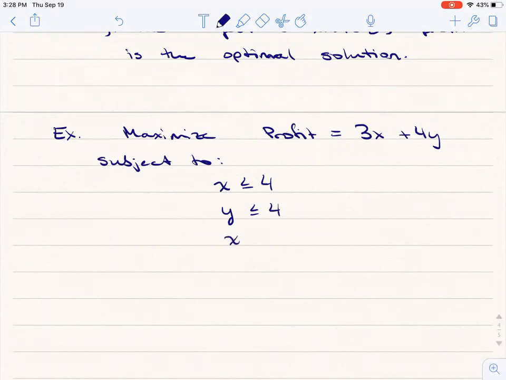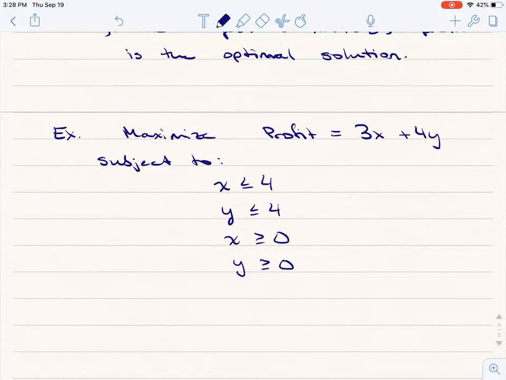X has to be greater than or equal to 0, and Y also has to be greater than or equal to 0. And so these here, these are your restrictions. This is your profit function, but these are your restrictions on your profit function.